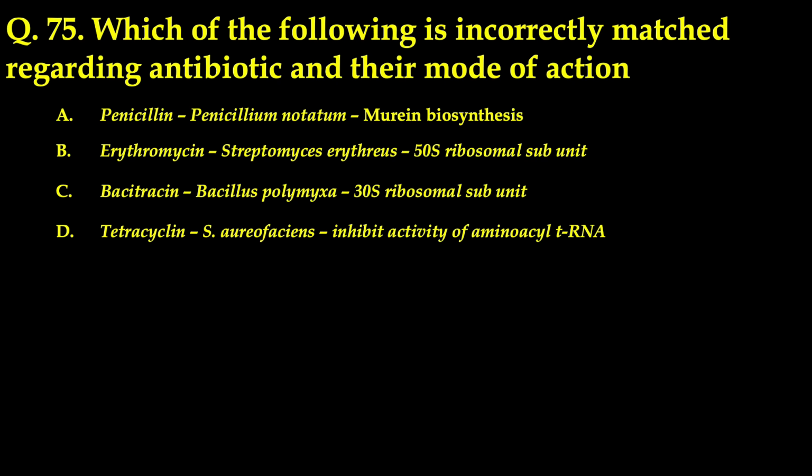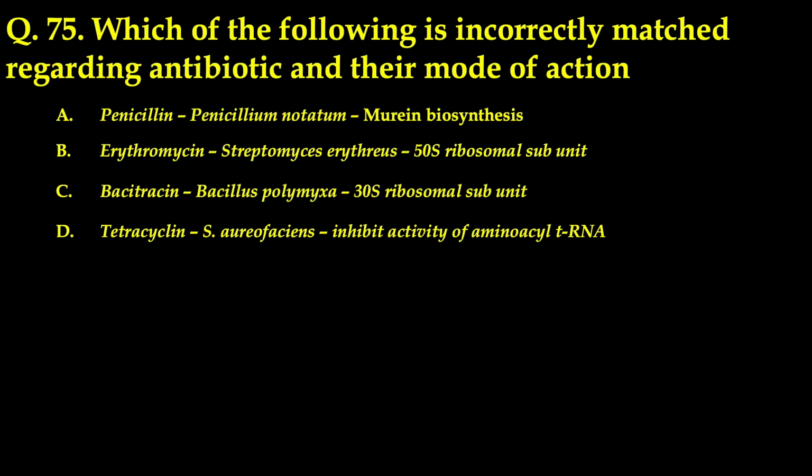In the first option, the example of antibiotic is given as penicillin, produced by Penicillium notatum, and mode of action as mentioned in the question is on murein biosynthesis. Second option was on erythromycin, produced by Streptomyces erythraeus, and mode of action is on 50S ribosomal subunit. Third option is on bacitracin, produced by Bacillus polymyxa, mode of action is on 30S ribosomal subunit.